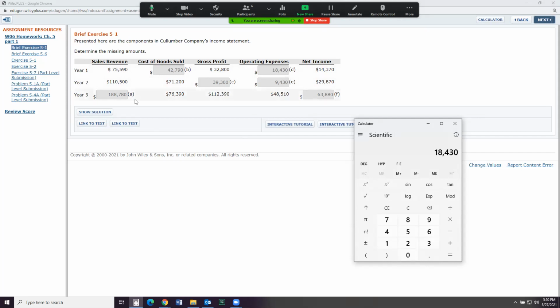So if revenue minus cost of goods sold equals gross profit, I can, again, algebraically say my cost of goods sold plus my gross profit should equal my sales revenue. And my gross profit minus my operating expenses will give me my net income.